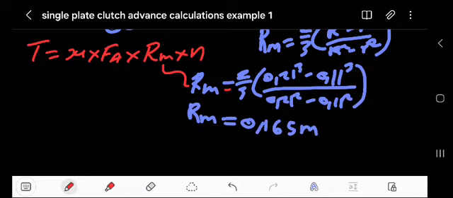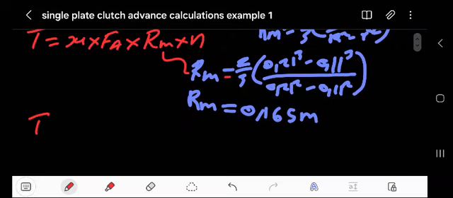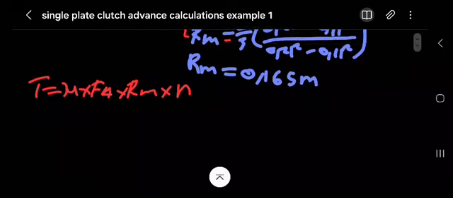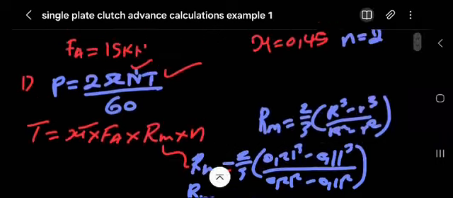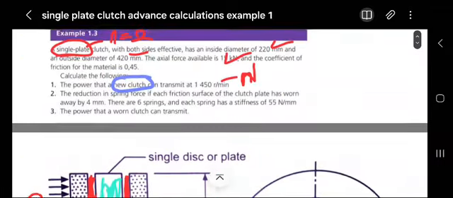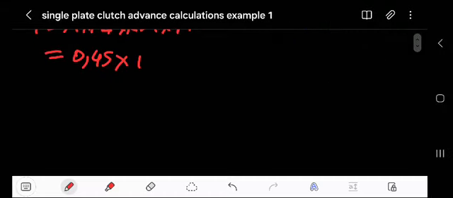Now we know that torque is given by the coefficient of friction multiplied by FA multiplied by Rm multiplied by n. Let us substitute the coefficient of friction we are given, 0.45, multiplied by the axial force from our data, 15 kilonewtons, which is 15 multiplied by 10 to the power of 3.